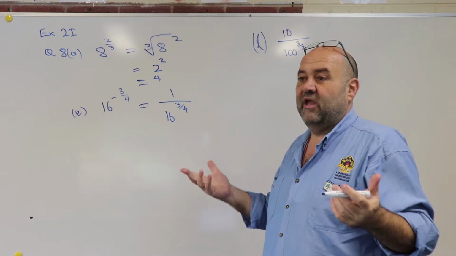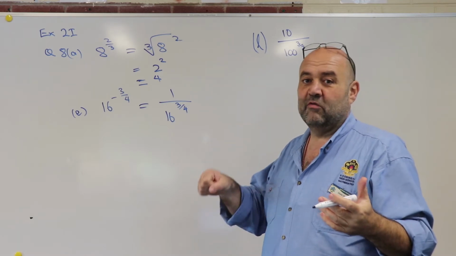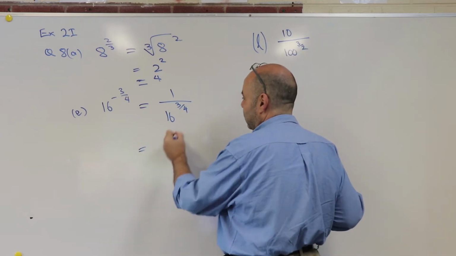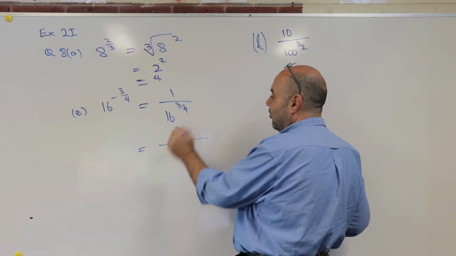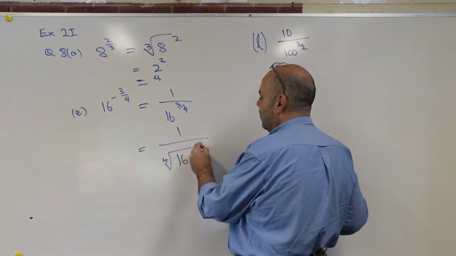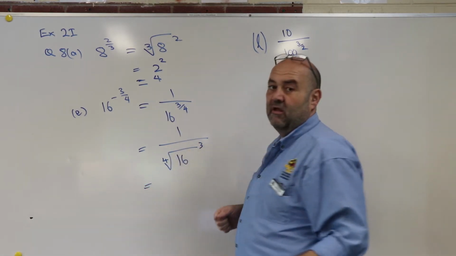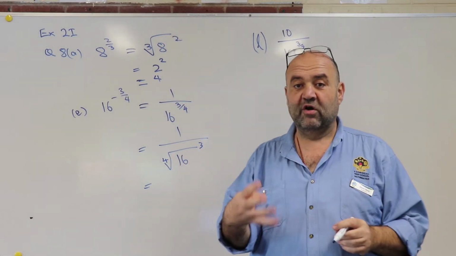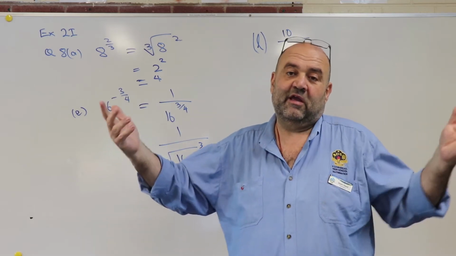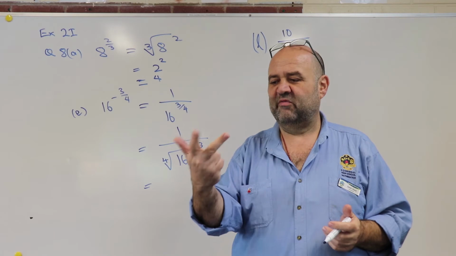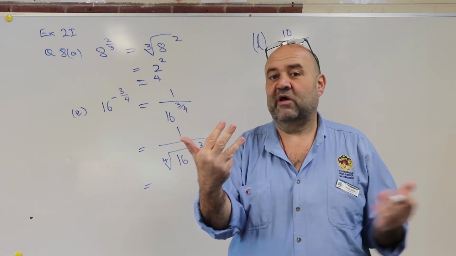Okay, well now I just turn the handle, right? What does 16 to the power of 3 on 4 mean? Well, I've still got the 1 over, it's the 4th root of 16 cubed. The 4th root of 16, a number multiplied by itself 4 times that gives me 16. Okay, it's got to be less than 16, so just start: 1 times 1 times 1 times 1 equals 1, that's not 16.